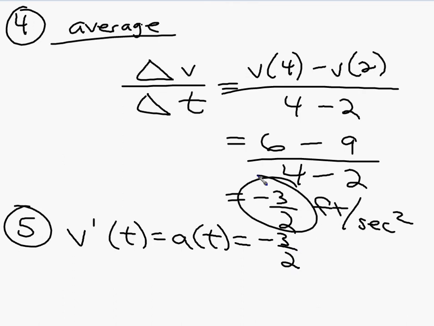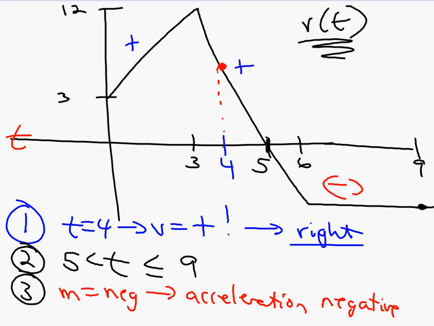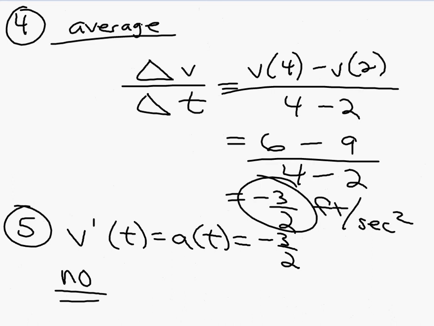Are we guaranteed that? And the answer is no. And one reason is because of the graph. Don't I have something up here that's not differentiable? At that place, it is not differentiable. So we are not able to guarantee that because of that point.